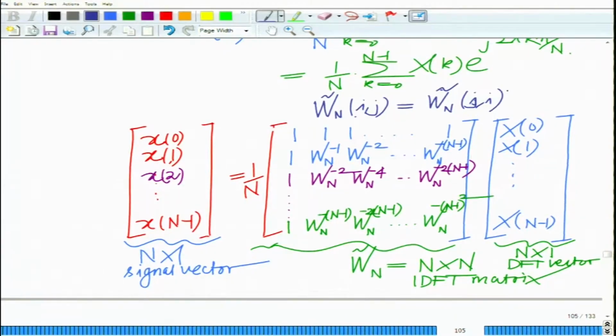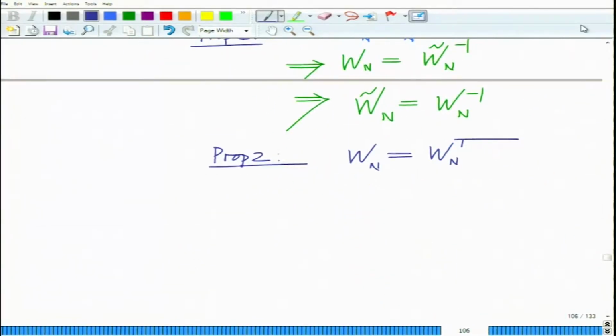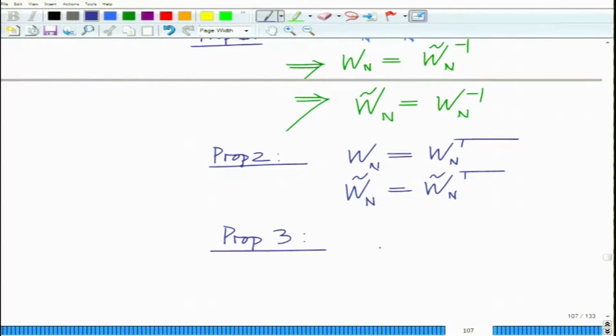This implies Wn tilde equals Wn tilde transpose. So, we have Wn tilde equals Wn tilde transpose, and now we come to another very interesting property.